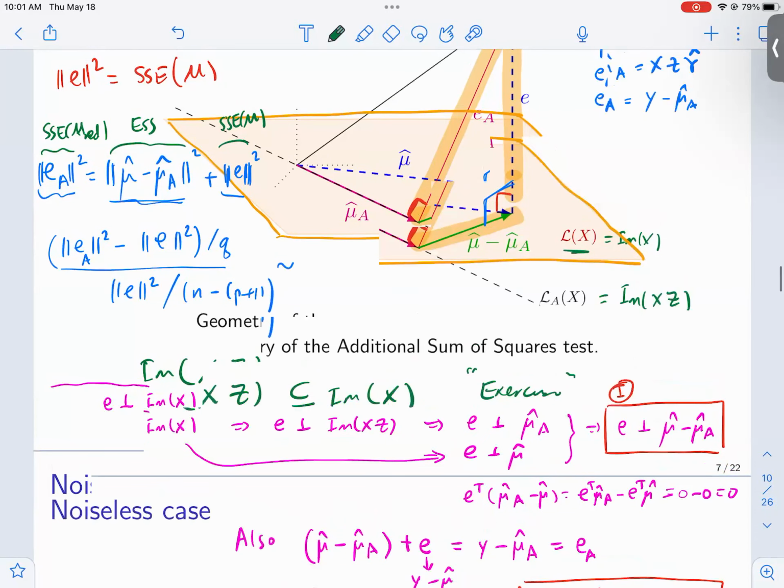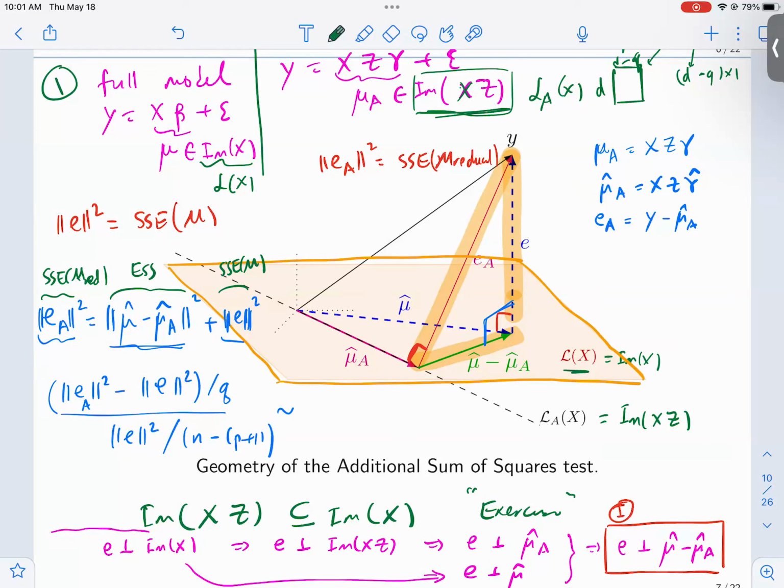If you understand this picture, everything becomes clear. The image of X is the directions or variations that the model can explain. Anything in that image is explained by the model. Anything outside cannot be explained. So the orthogonal directions cannot be explained. So if there was no noise, Y is mu, the true mu, plus epsilon.